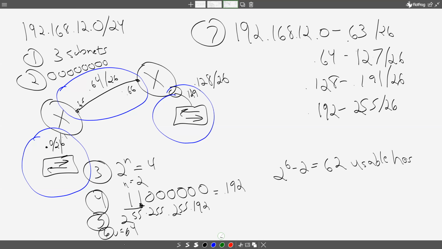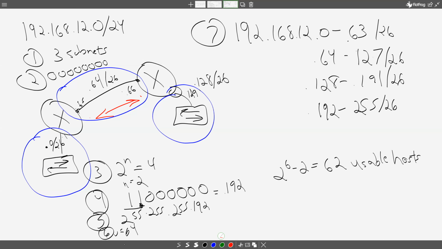And here's how you get the light bulbs to go on with your students, folks. This is a point-to-point network. How many hosts are there ever going to be on a point-to-point network? 2. That's the whole point-to-point part.